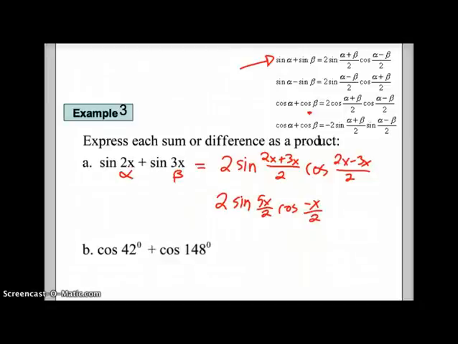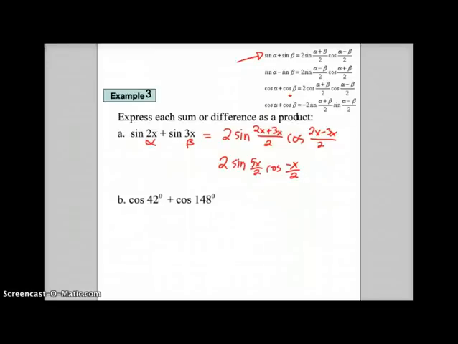Now cosine 42, cosine 148, perhaps we'll actually be able to find the exact value of this expression. So taking a look at what formula I'm going to use and who's alpha and who's beta, looks like I'm adding 2 cosines, so I'm going to use this formula, and alpha is 42, beta is 148.